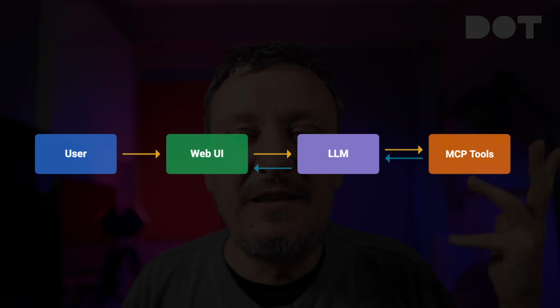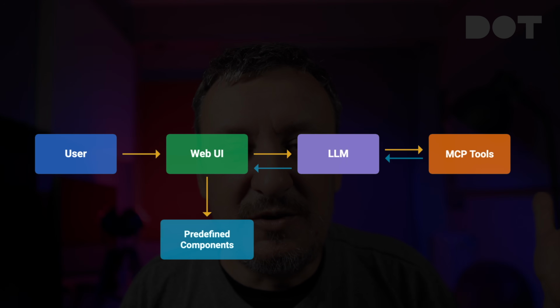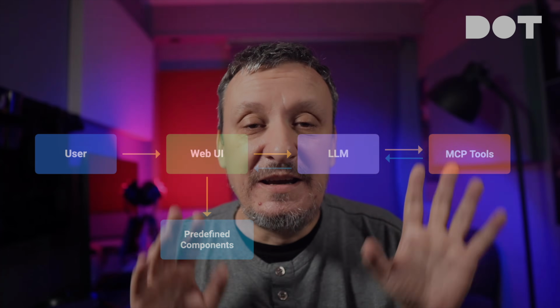From there on, the UI takes that data and renders it using its own predefined components like diagrams, tables, cards, and whatever matches, right? So, the LLM decides what to show and how to show it, while the UI acts dumb and just displays what it was told to display.